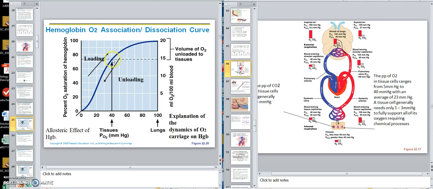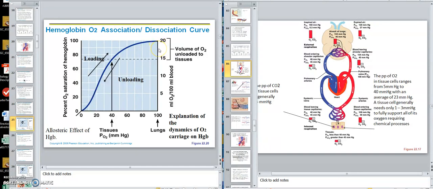So actually, right here, if we look at this being around 72, 75%, we have this thing we call the utilization coefficient. The utilization coefficient.